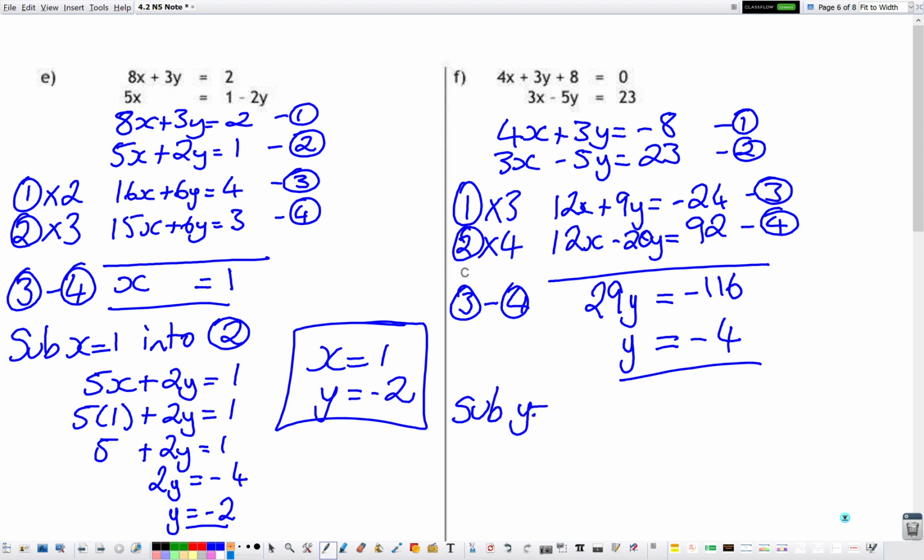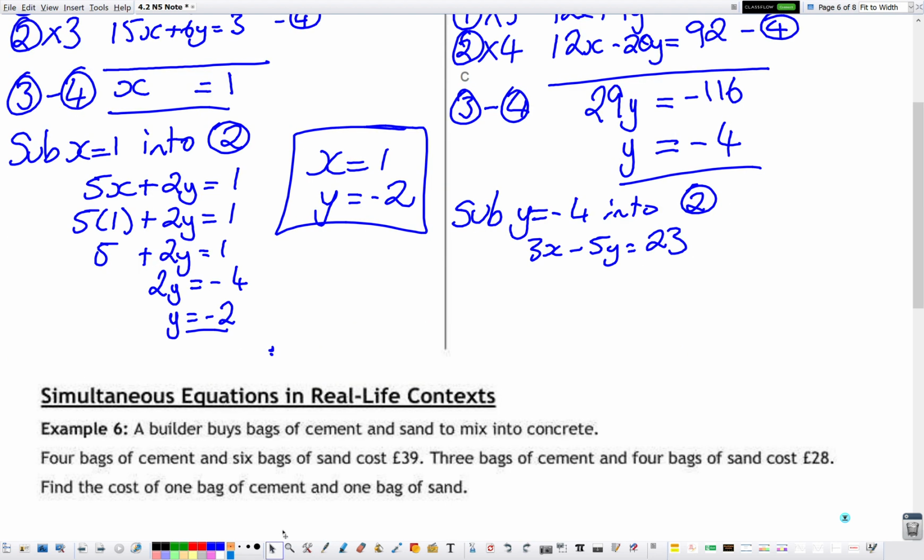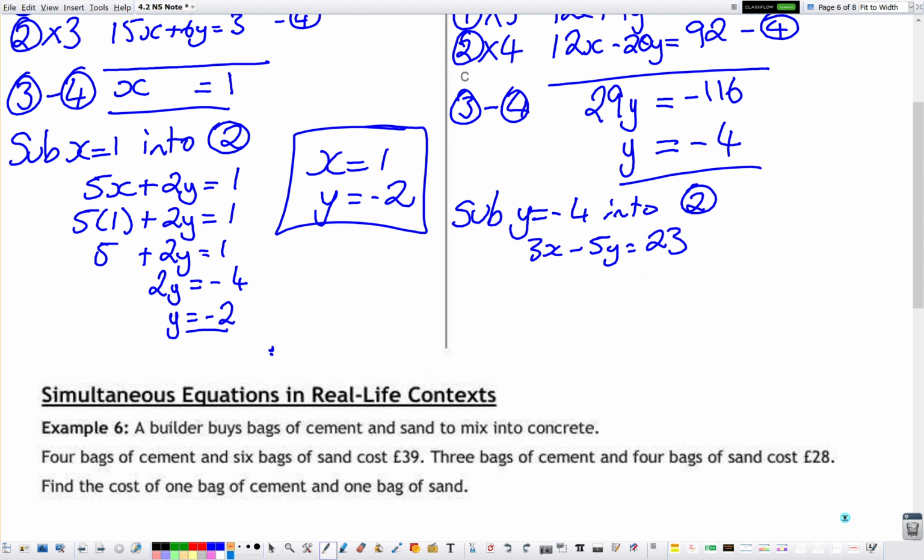So we now need to sub y equals minus 4 into either of our equations. So 1, 2, 3 or 4, whichever one you want. Let's go for equation 2. 3x minus 5y equals 23. Sorry, trying to scroll down a wee bit.